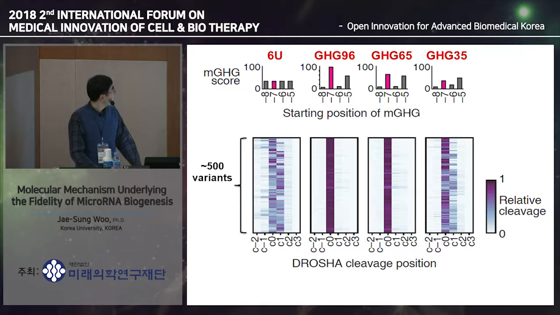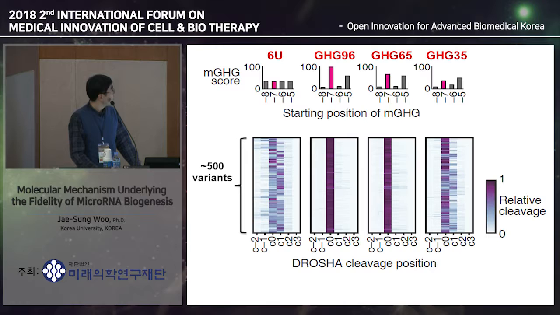So if I zoom up here, in the 6U sequence, as you can see, the cleavage sites are heterogeneous. It's because UG or AJ, the other sequence motifs or the structural motifs, actually contribute to the cleavage site determination, not because the GHG motif is not there.